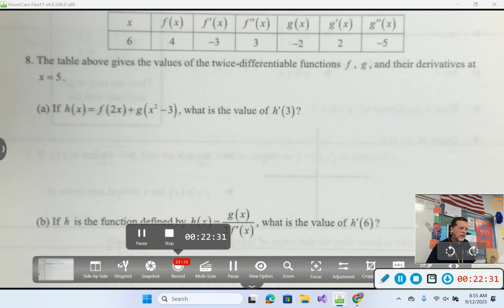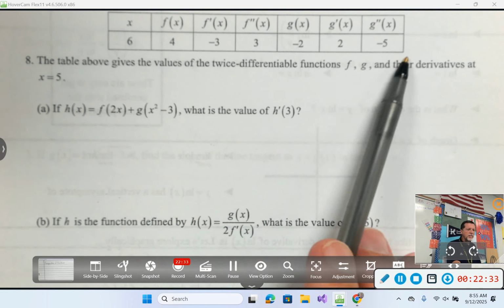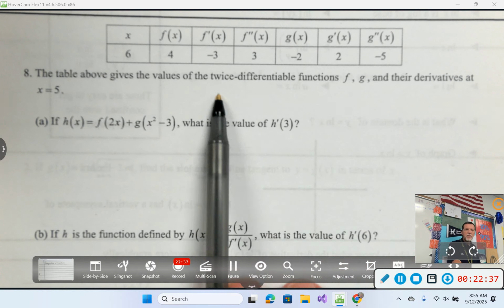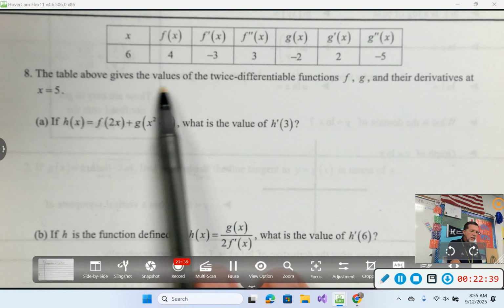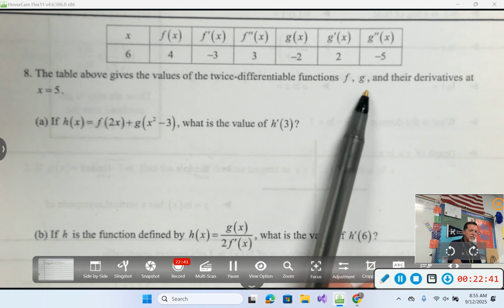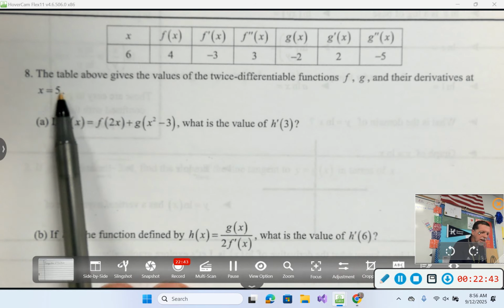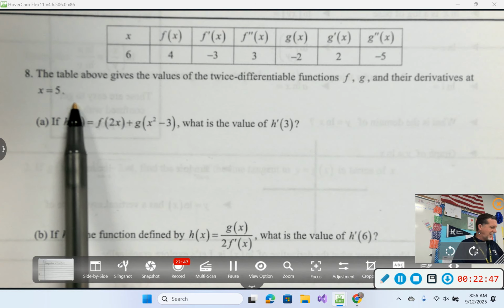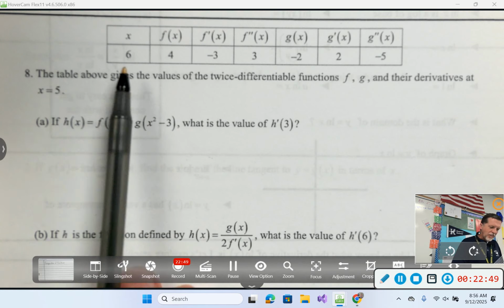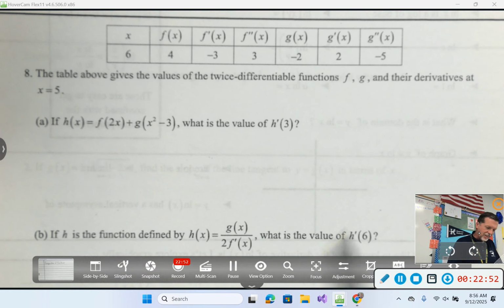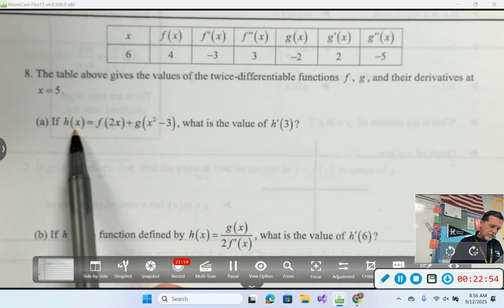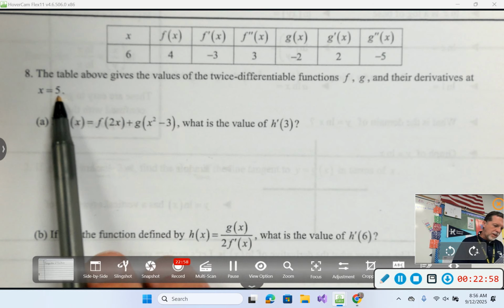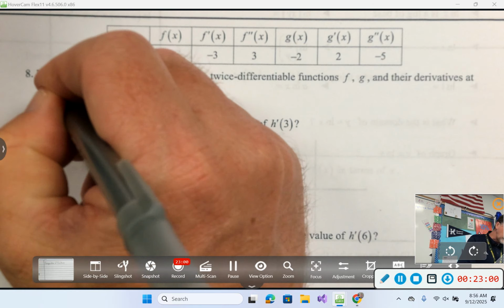The table above, so another table with all sorts of things up there: f prime, f double prime, g prime, g double prime. Gives the value of twice differentiable functions f and g and their derivatives at x equals 5. Wait a minute, something's not right here. This says x equals 5, the table says x equals 6. So I think that needs to be a 6 to make this work.